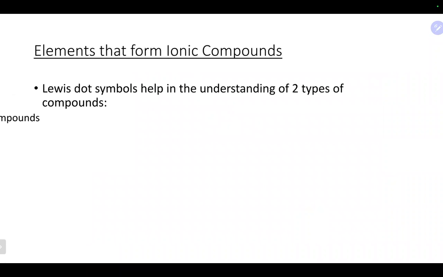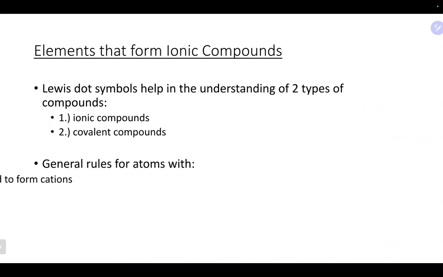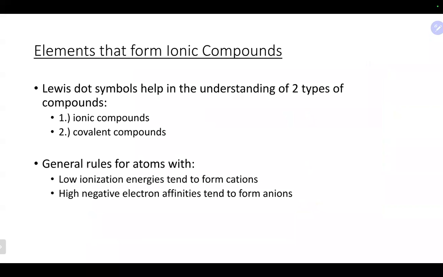So we're first going to talk about ionic bonding and how ionic bonds are formed. These Lewis dot symbols really do help us understand bonding, both types of bonding. We could use them to describe how an ionic bond is formed, and also how a covalent bond is formed. The general rule is that things with low ionization energy will tend to form cations.